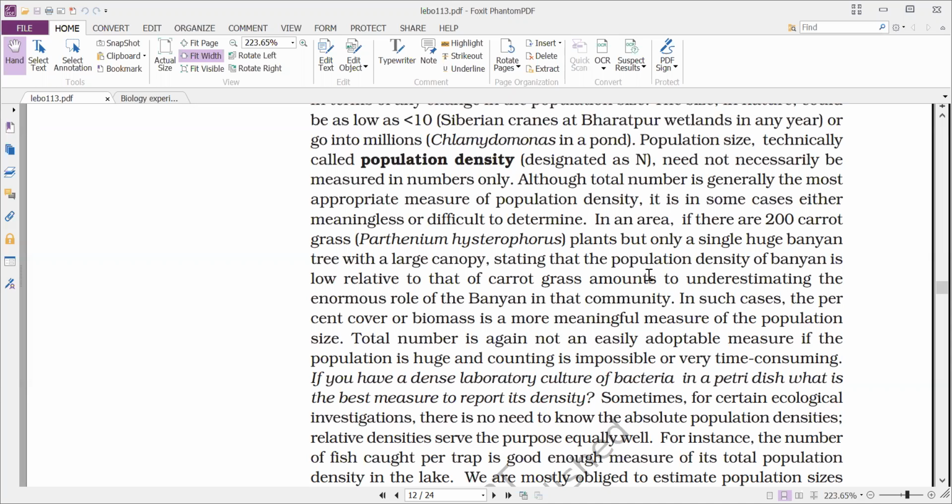That will give the total number of bacteria present, the density.